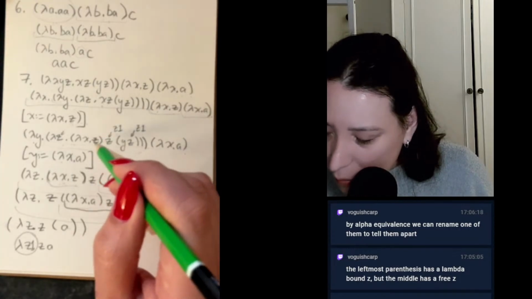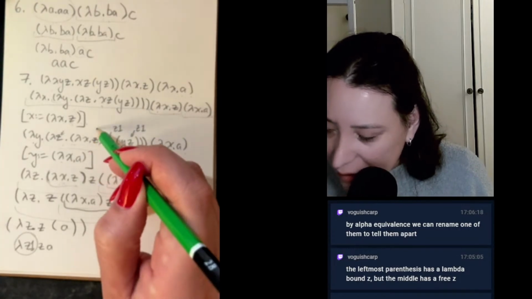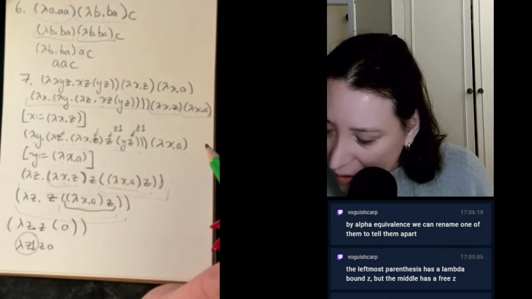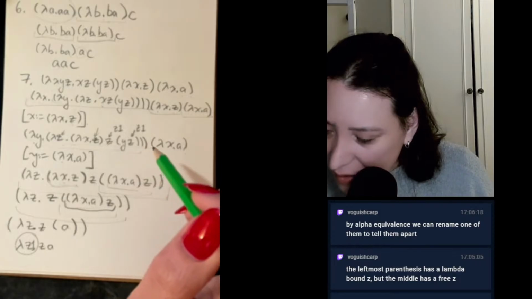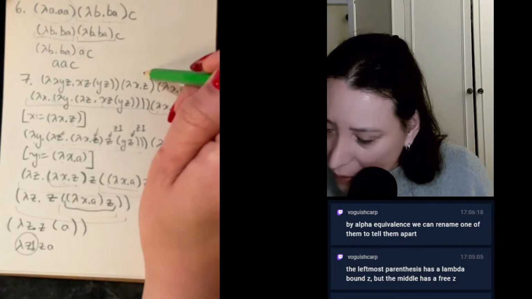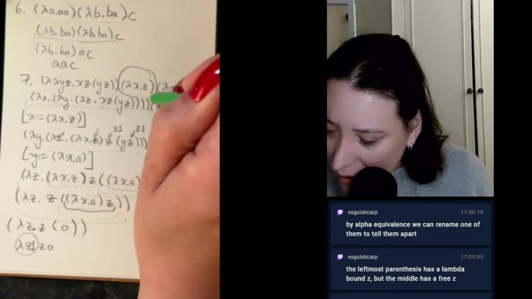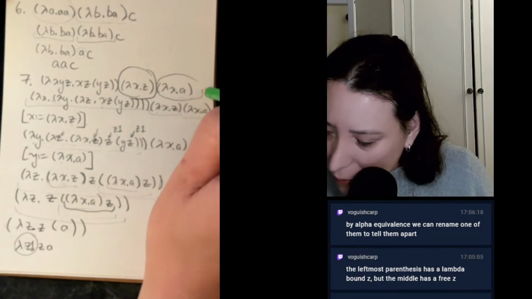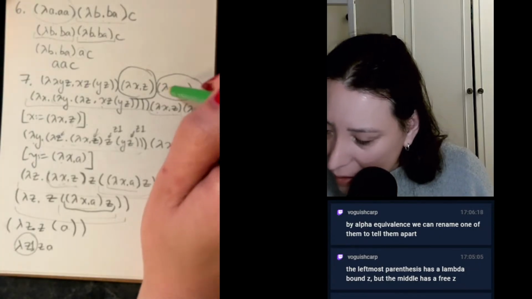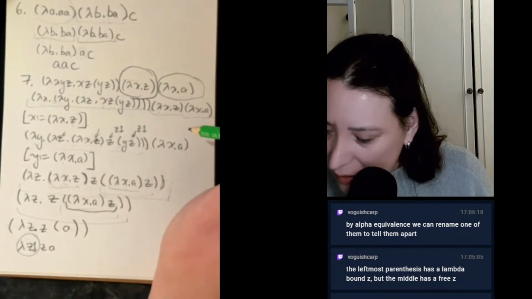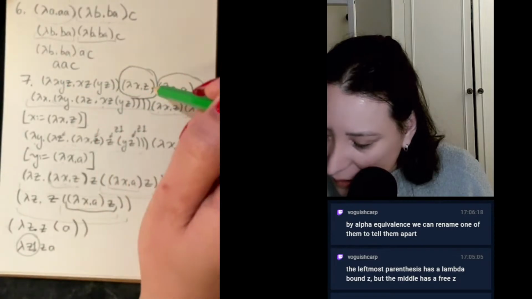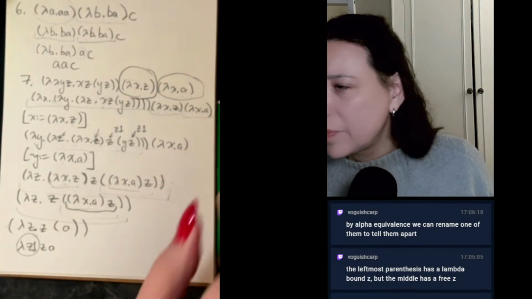So one thing we could have done is change this to some other letter, and that would have made it a lot easier, just because this guy here causes problems. This guy doesn't cause problems because this free variable a doesn't exist anywhere else. But this z is not necessarily the same as this z when we evaluate.